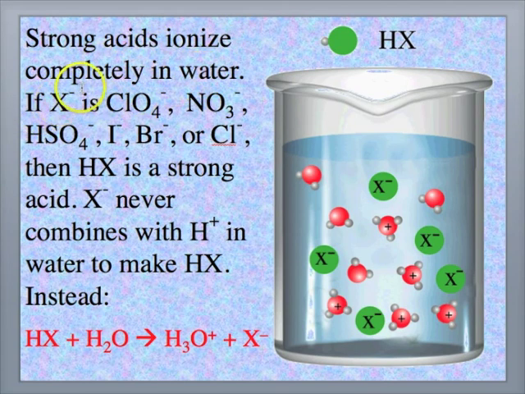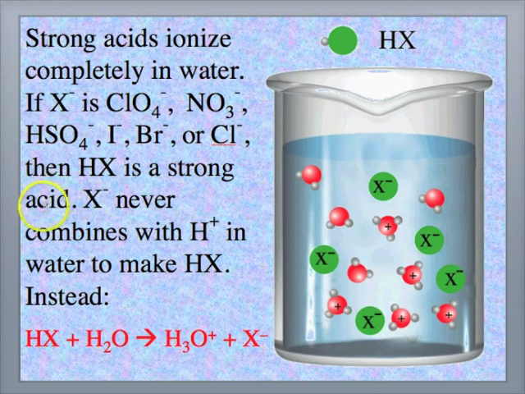So if we let X- represent any of these 6 anions, ClO4- perchlorate, NO3-, HSO4-, I-, Br-, or Cl-, then HX, in other words HI or HBr or HCl, is a strong acid.